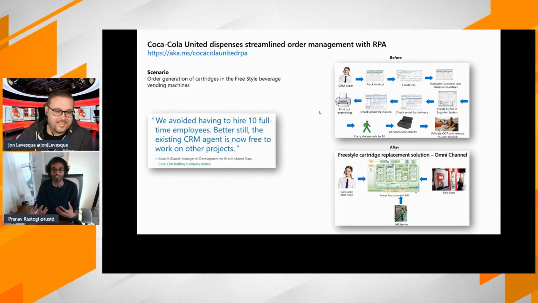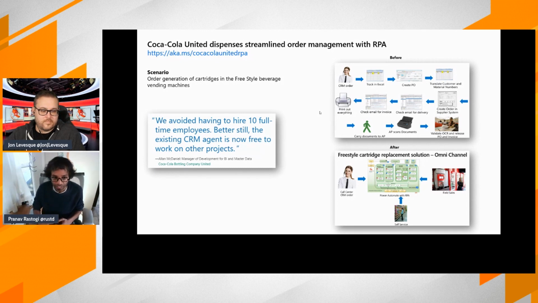So this company took a bet on RPA as a way to solve all these manual tasks, and they were able to free up the CRM agent so that they could work on other initiatives inside the company as well.